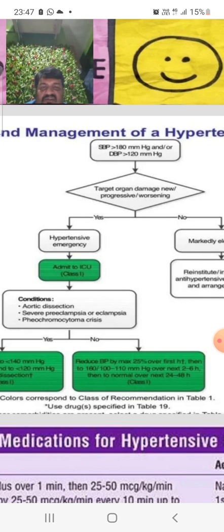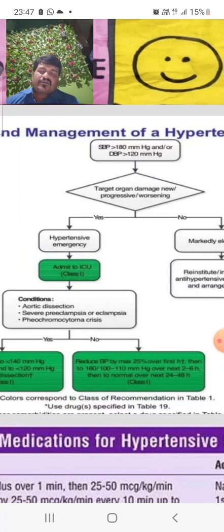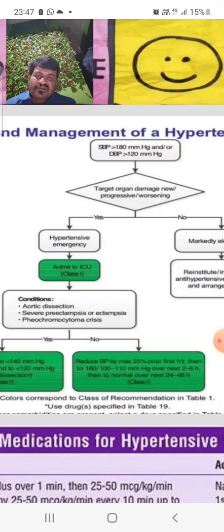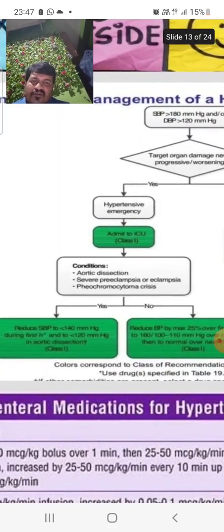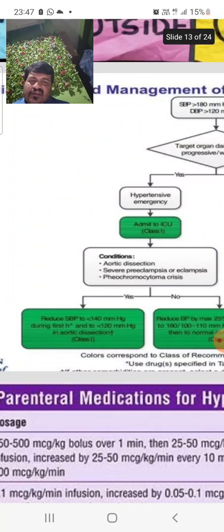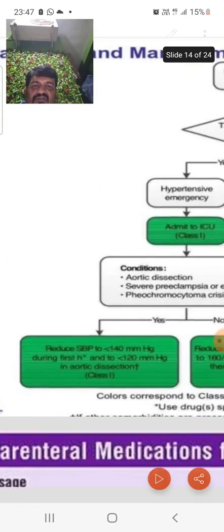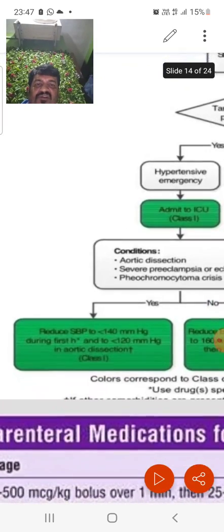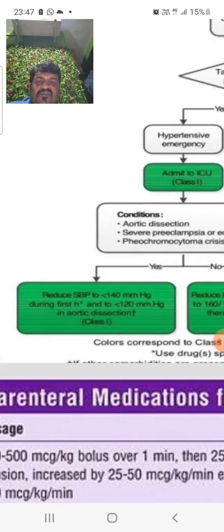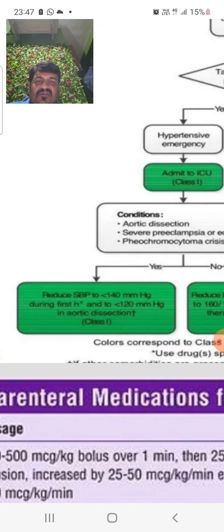We are talking about the crisis, so pheochromocytoma crisis. Okay, so when these conditions are there, if the conditions are yes, then reduce the systolic blood pressure to less than 140 mmHg during the first hour and to less than 120 mmHg in aortic dissection.